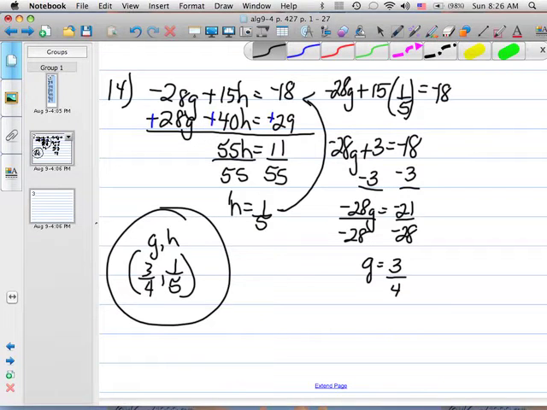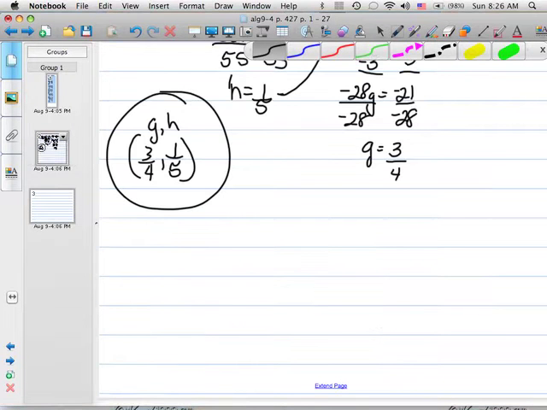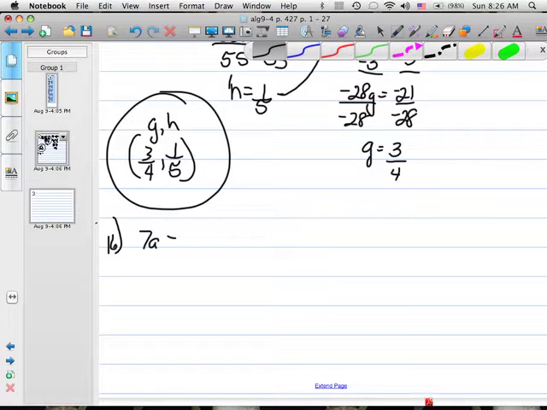Problem number 16. Copy the system. I'm going to go ahead and move the decimal point over 2 places so we don't have any decimals. So it's going to be 7a minus 3b equals 12, adding 2 zeros would be 1,200.